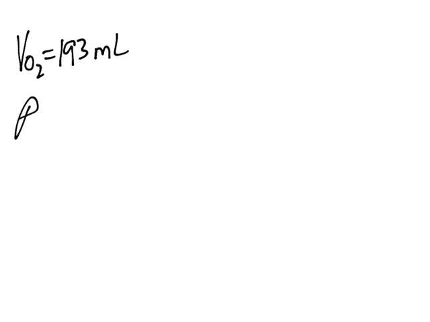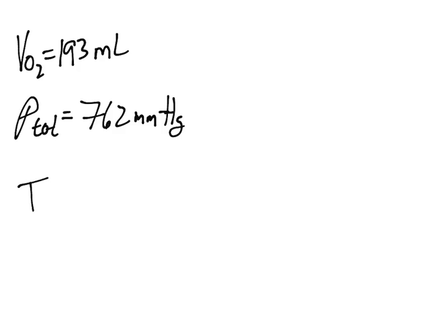So the total pressure, you can think of it as the total pressure because it encompasses everything, is the atmosphere. It's 762 millimeters of mercury. And then it says the temperature of the water was 23 degrees Celsius. So temperature of H2O, 23 degrees Celsius. And the question is, how many grams of oxygen were collected? So the mass of oxygen gas.